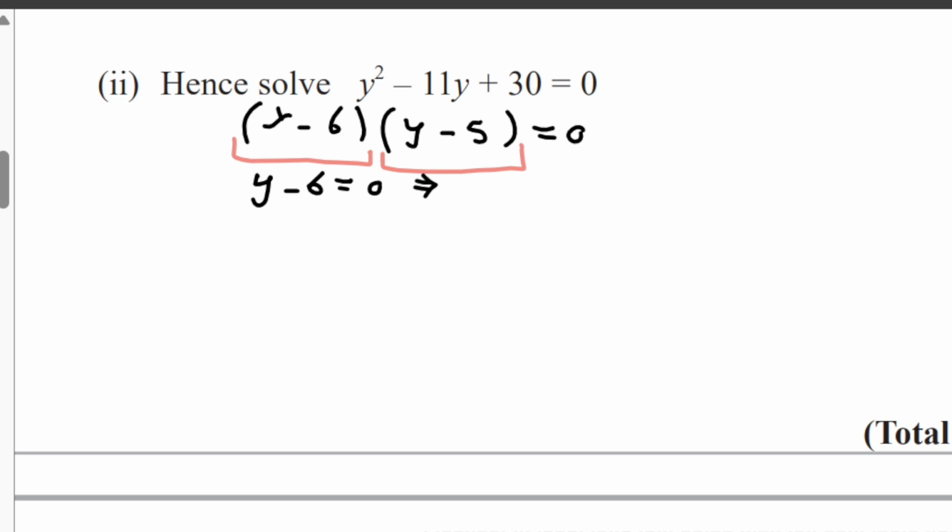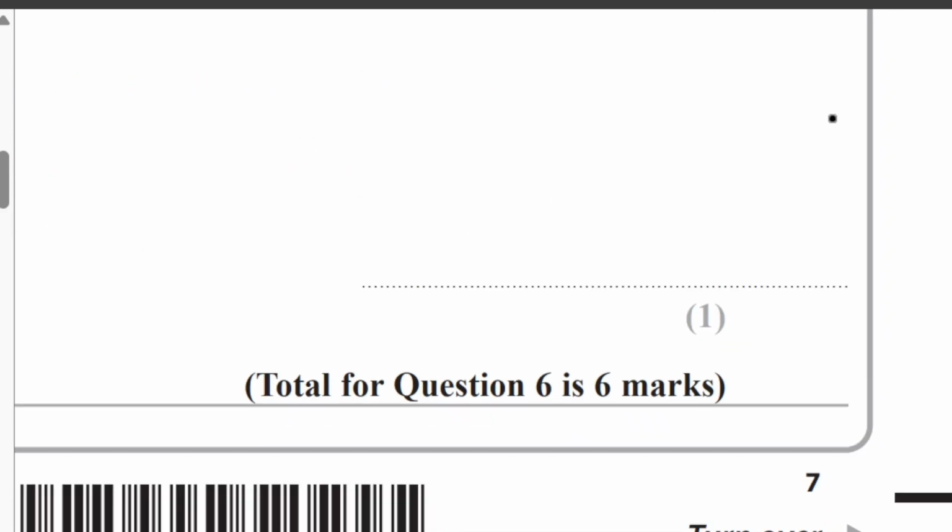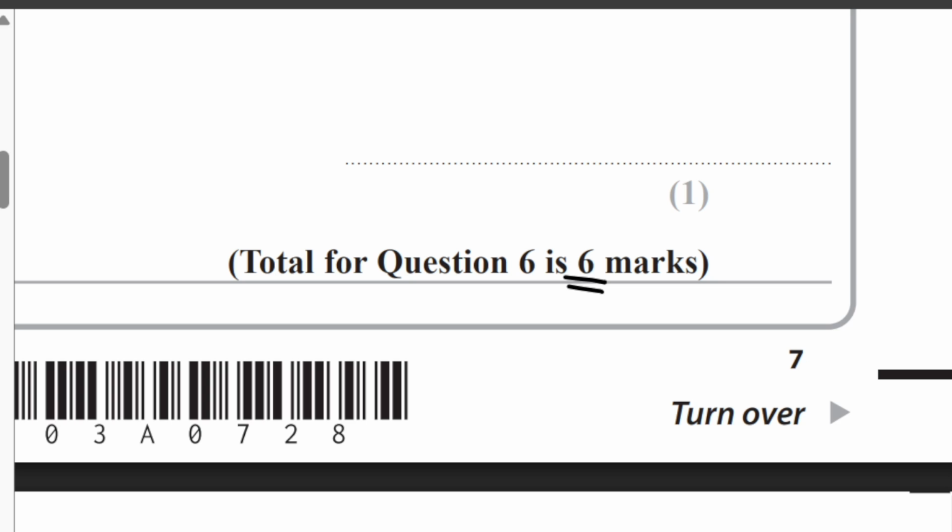That means y equals 6, right? Because 6 minus 6 equals 0. Or y minus 5 equals 0. That means y equals 5 because 5 minus 5 equals 0. And that's your nice solution. And that's your 6 marks for this question.